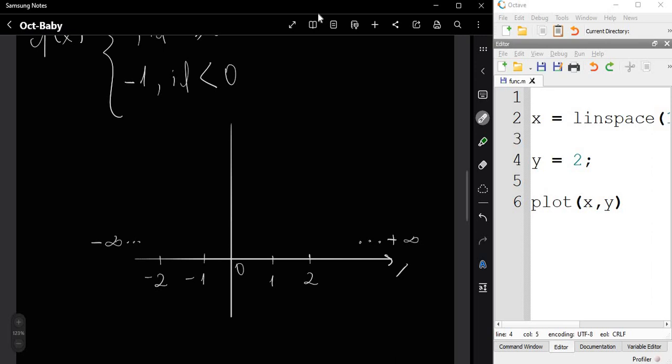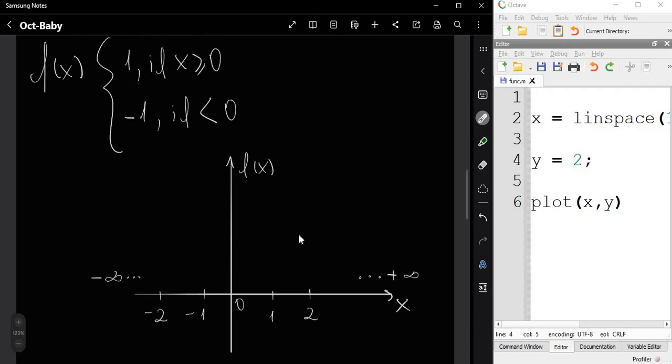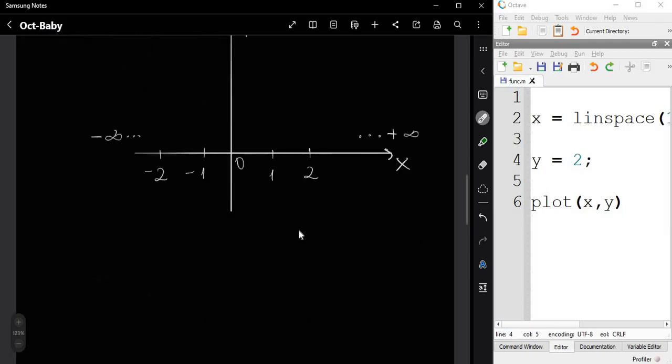So right here is x and f of x. So let's see, this side right here is the values which are greater or equal to 0, and this side is the values which are less than 0.